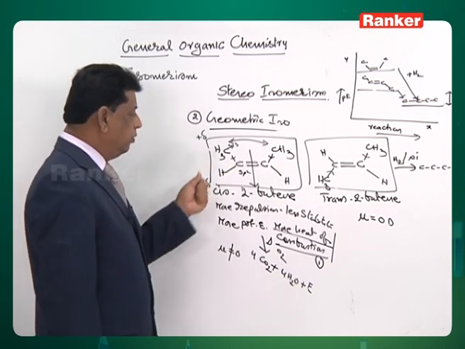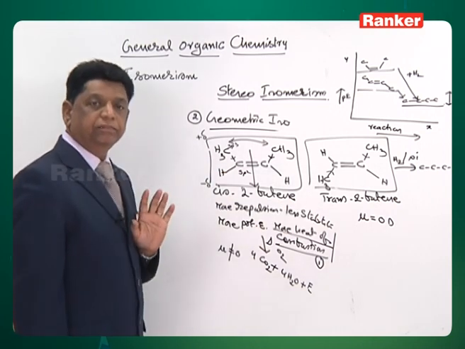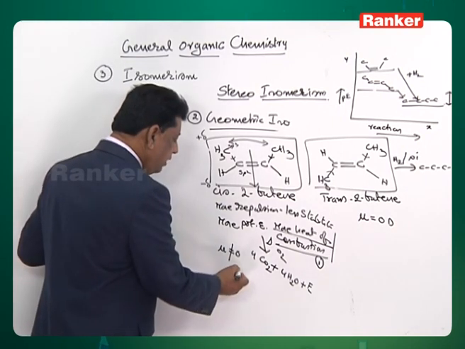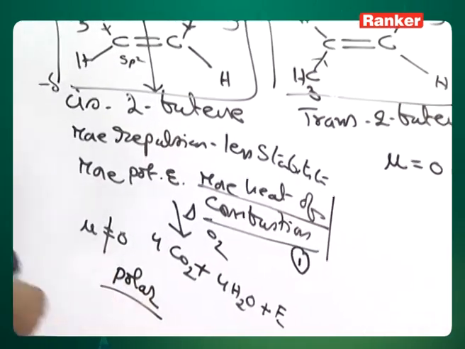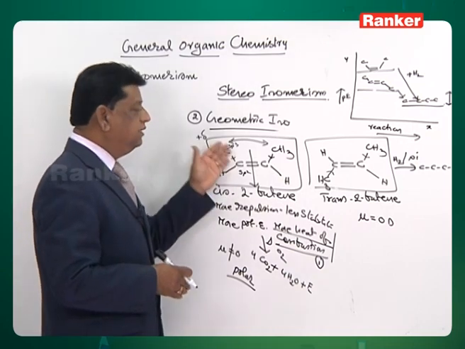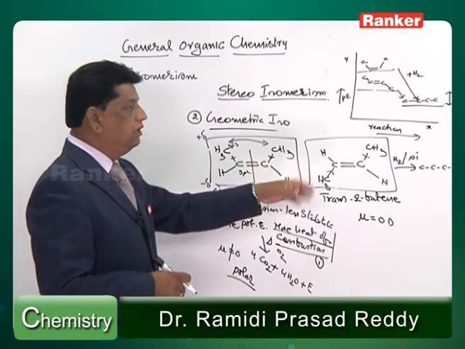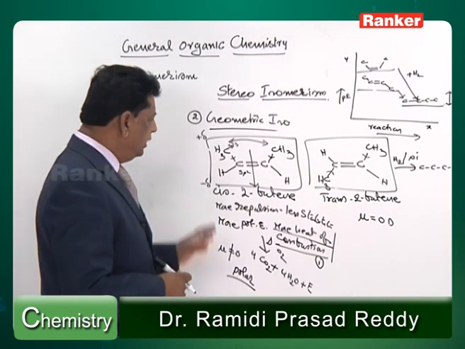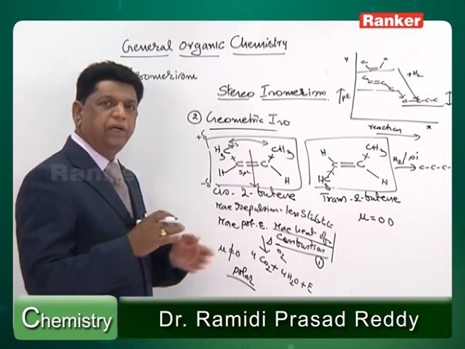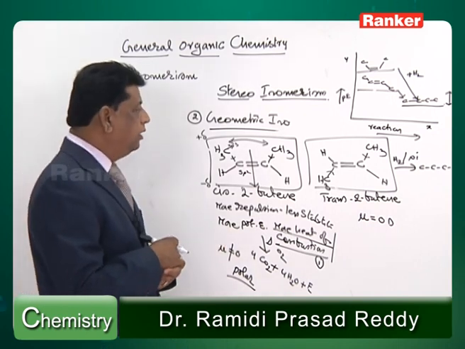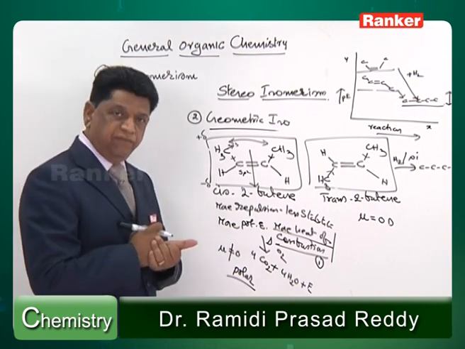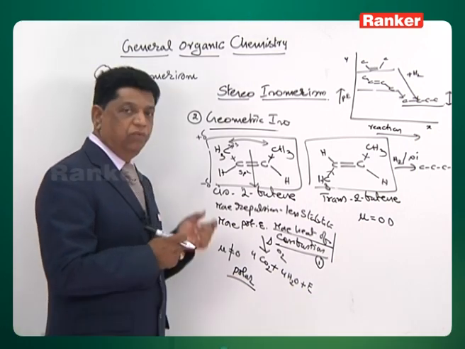So dipole moment values are different. Right, this is another property. Since cis has a polarity, polar molecules are more soluble in polar solvents, and non-polar molecules are more soluble in non-polar solvents. Like that, a huge number of properties are going to be different. I am not going to enumerate how many properties are different, because I said even one property is enough.